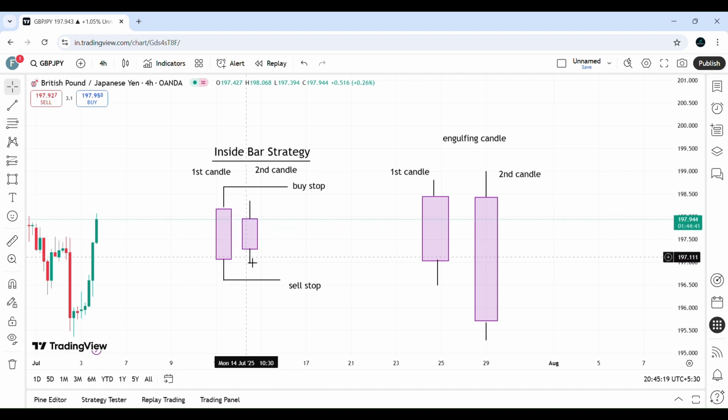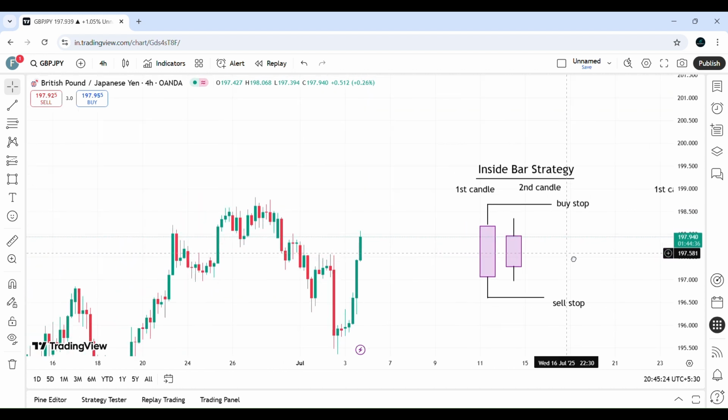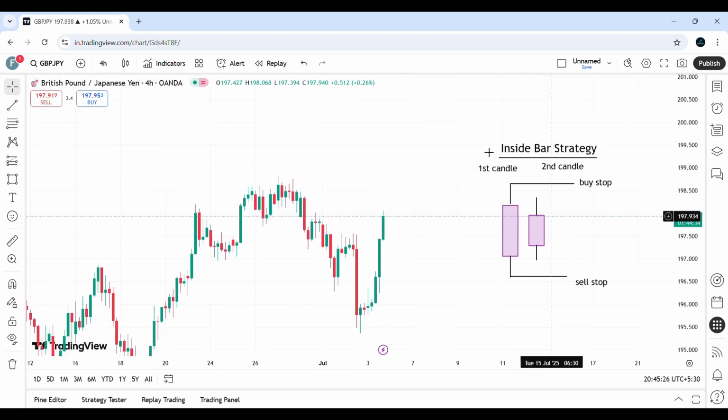So let's go to the charts. This is basically just the strategy. It's easy. When you take two candles, all you have to look for is the second candle completely fitting inside the first candle, and you set buy stops and sell stops on both sides.